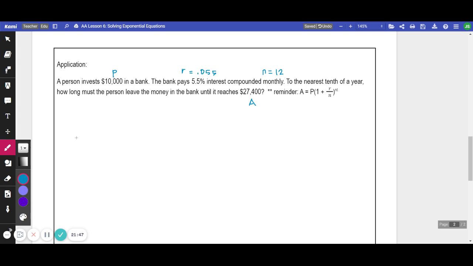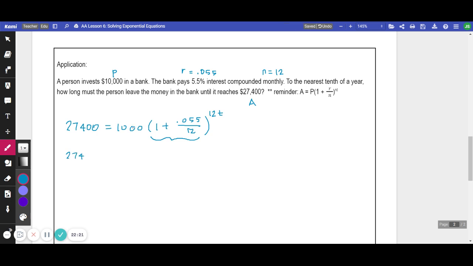So when in doubt, plug in all the stuff you know, and then maybe something will come to you. 27,400 equals 10,000 times 1 plus the rate over 12, and then the exponent is going to be 12 times t, so 12t here. I am going to do this as a decimal first.